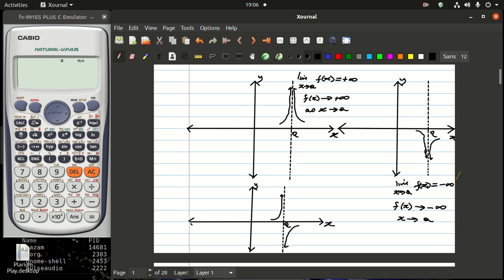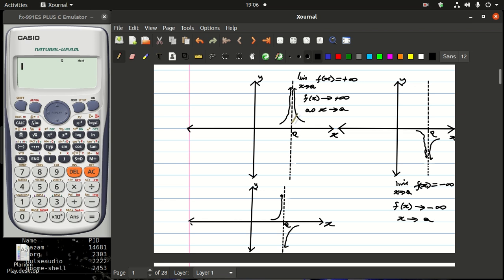Try and find different ways of saying the same thing, because if you have a function here that is increasing, or gaining big positive numbers, f of x is getting bigger and bigger as we approach a.